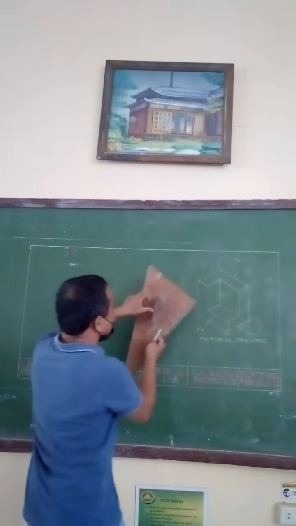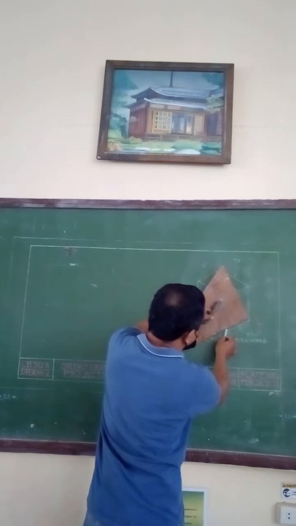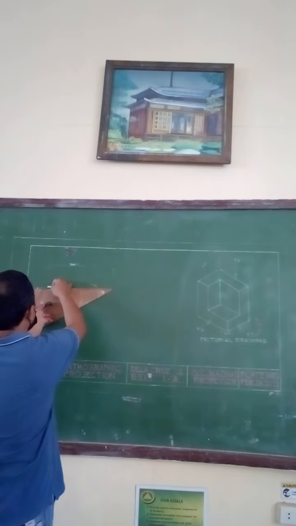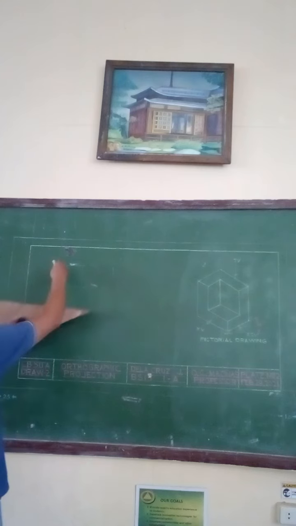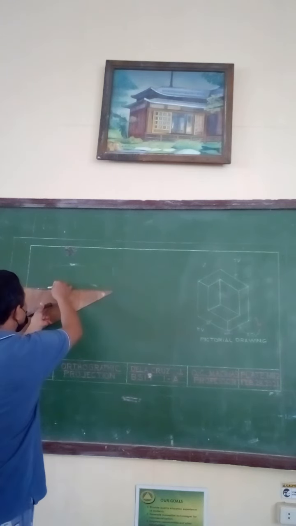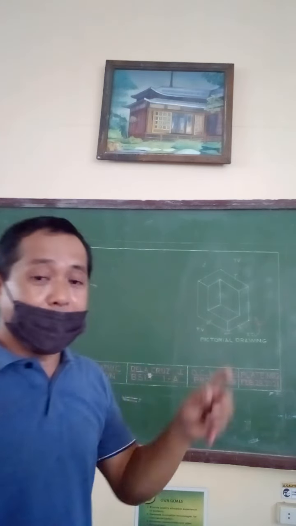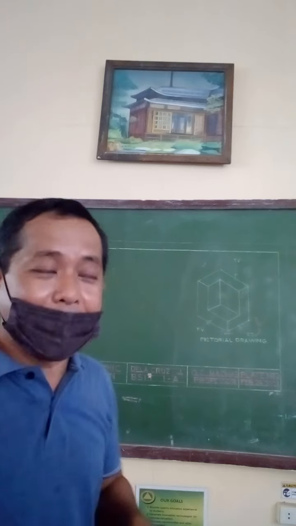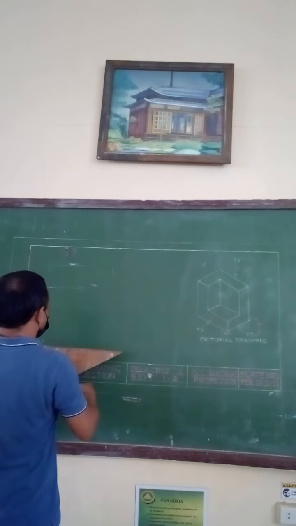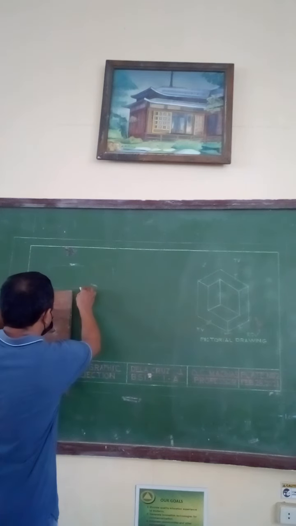So get the width of the object, transfer it here. Therefore this is now the top view. Now the position of the top view in a standard orthographic drawing must be on top of the front view. So logically that is on the top.